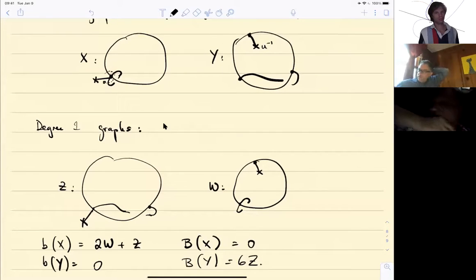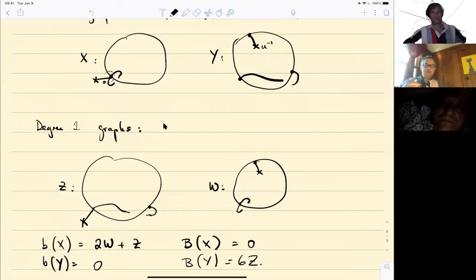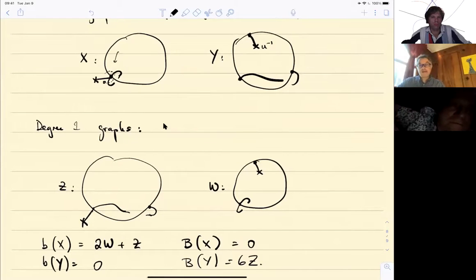If you don't worry too much about the coefficients, you can see where this comes from. The little b is computed by splitting a vertex in all possible ways so that I am left with at least trivalent things on both sides. When you look at this 5-valent vertex here, there are 5 ways to split it into something of size 2 and something of size 3. 2 of those, when I split the vertex, give me W. And they come out with the same sign.